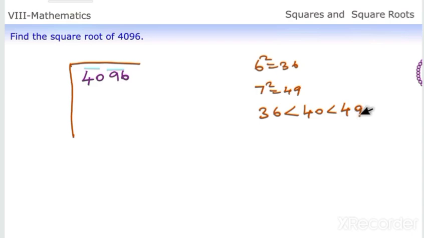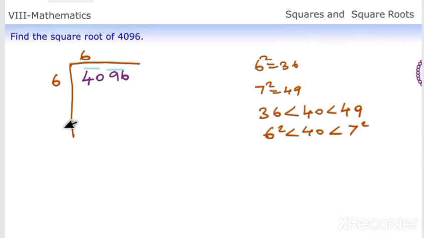So we choose 6 as the number in the quotient part and in the divisor part. You put a 6 here and here also.